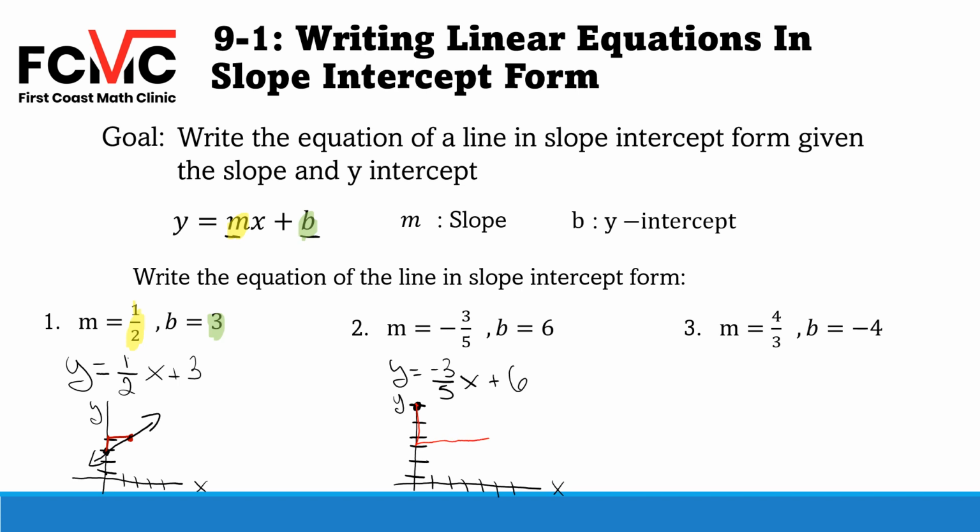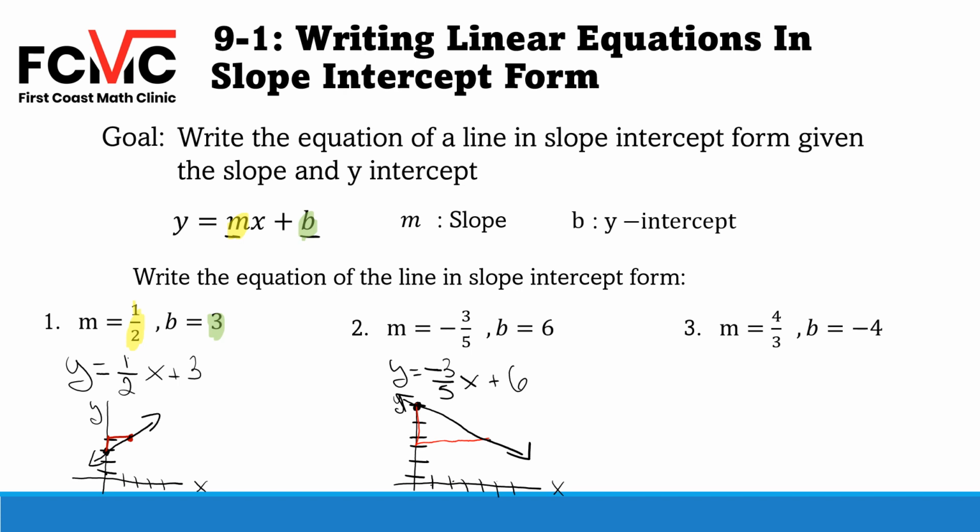I'm just drawing this in by hand, so it's not exact. It's going to be approximate. So we just get a rough picture as to what this graph looks like. So this is our equation and our graph if our slope is -3/5 and our y-intercept is 6.